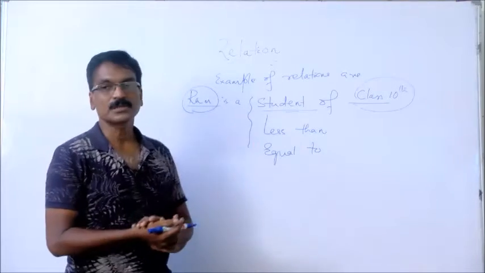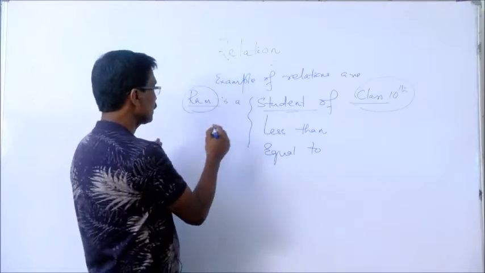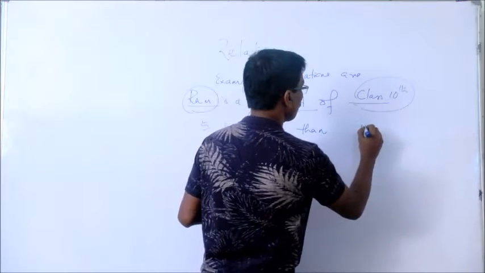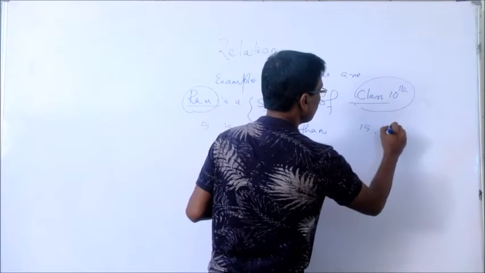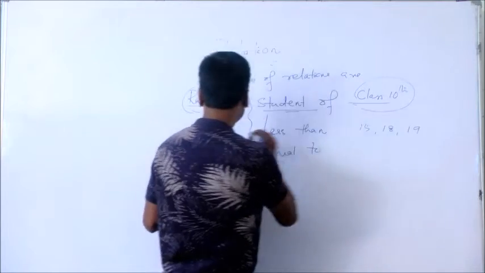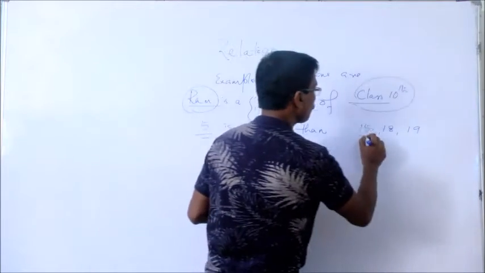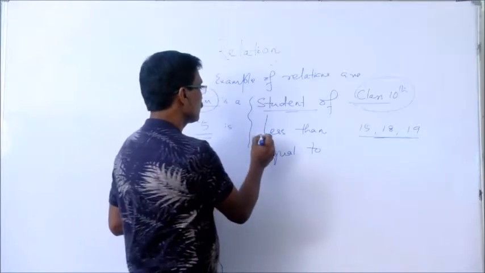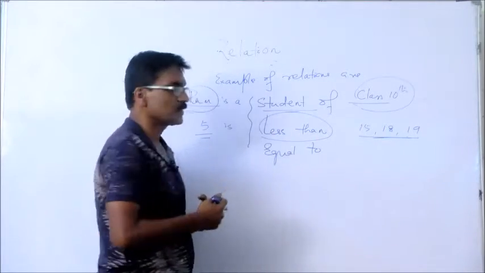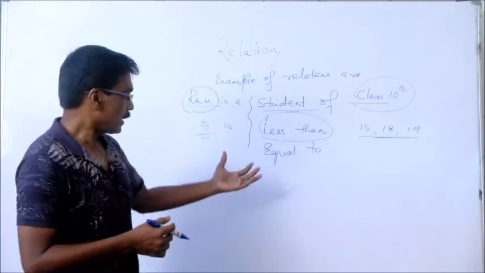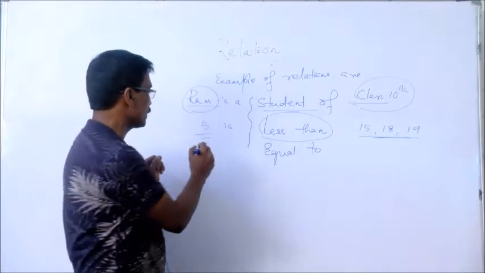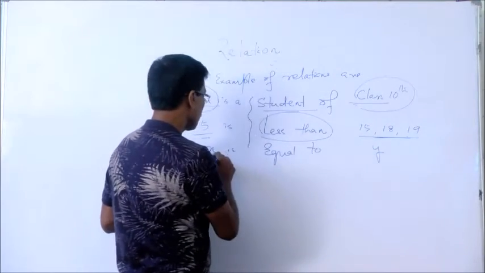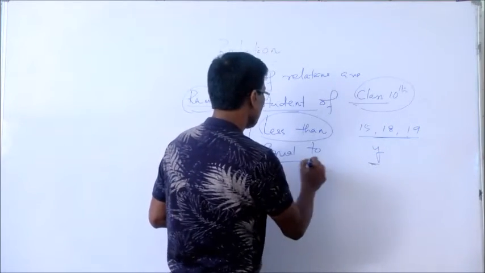Another example is less than. Say 5 is less than 15, 18, 19. The relation between 5, 15, 18 and 19 is less than. And subsequently equal to, say x is equal to y. The relation between x and y is equal to.